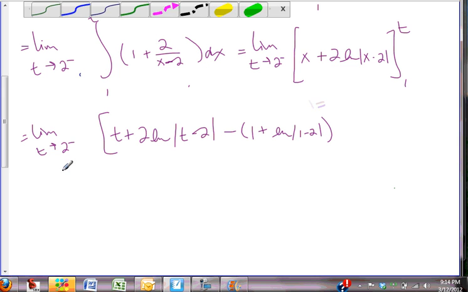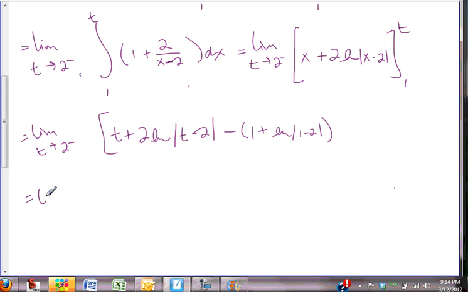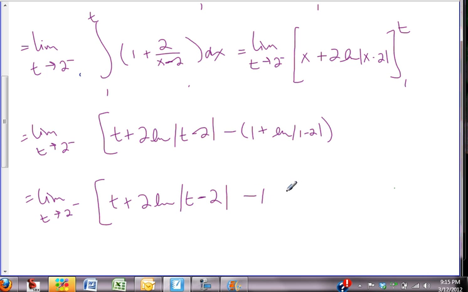This is now the limit as t goes to 2 from the negative side of t plus 2 ln of absolute value t minus 2 minus 1.